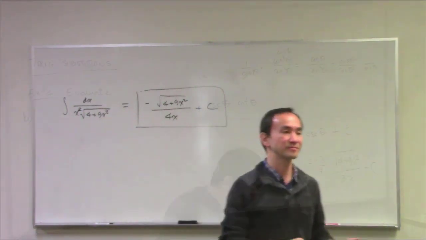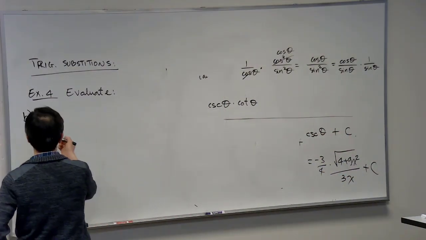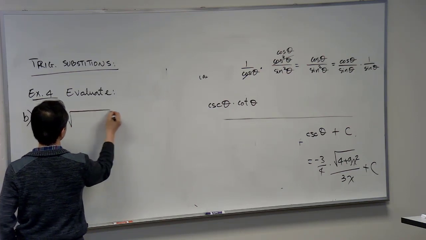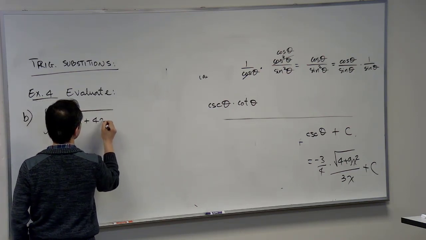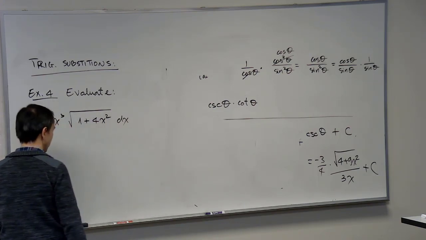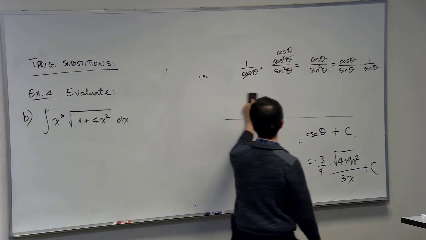Integral x cubed times the square root of 1 plus 4x squared. Right? Okay. Go ahead and spend some time writing it down.